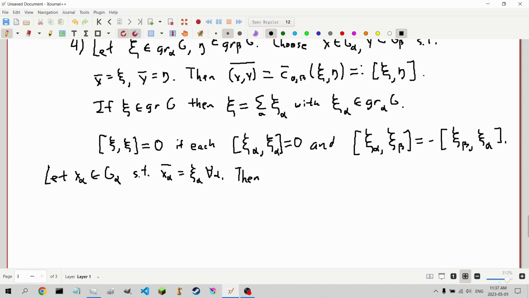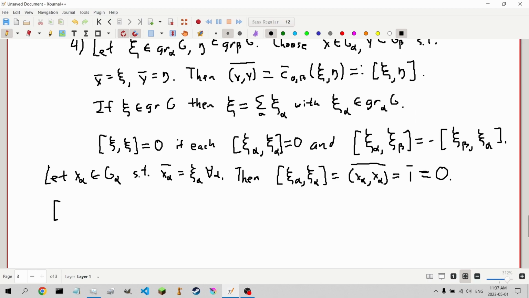Then we can rewrite this term we have here in terms of these x's and the quotient map. And this is obviously going to give us just 1 and the quotient map of that, which is going to reduce down to just 0.